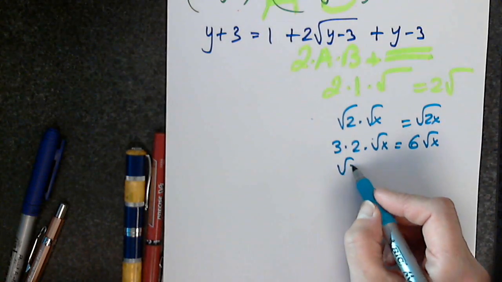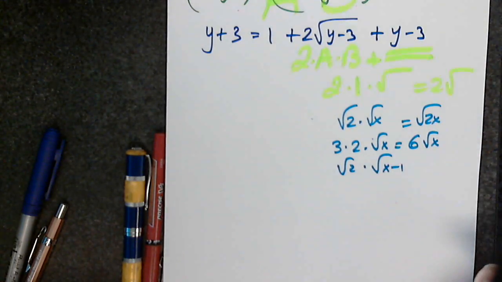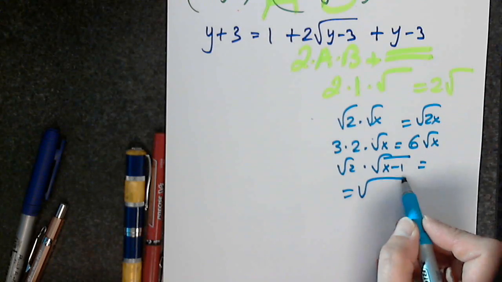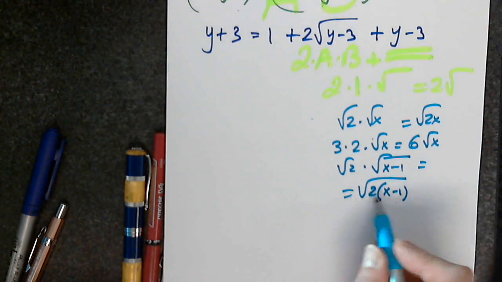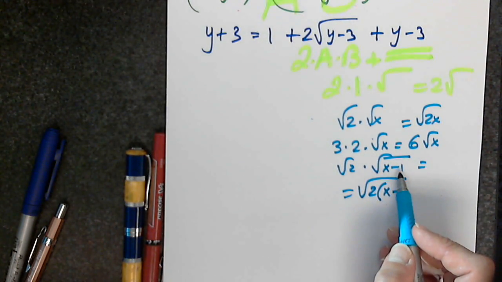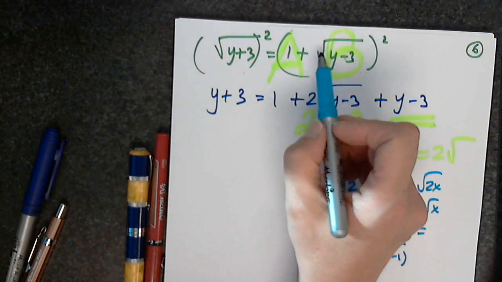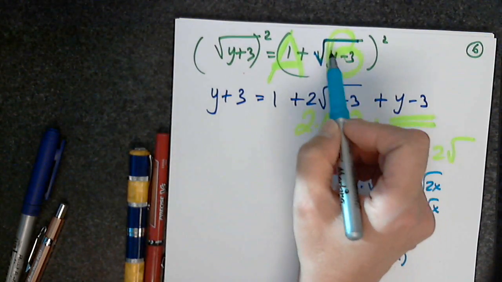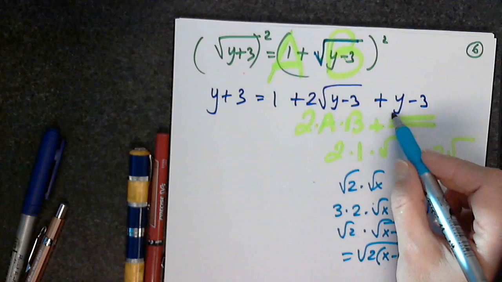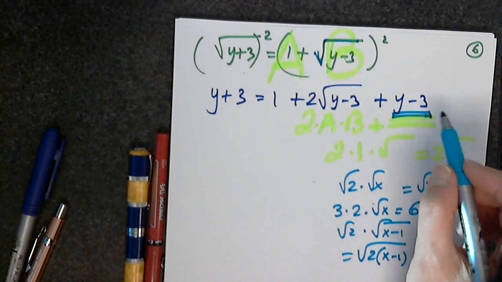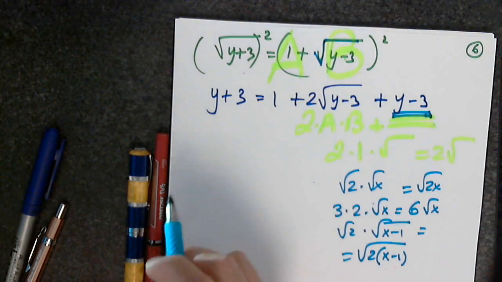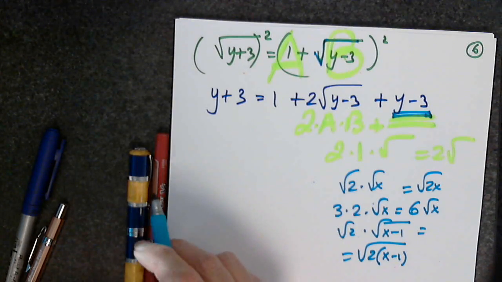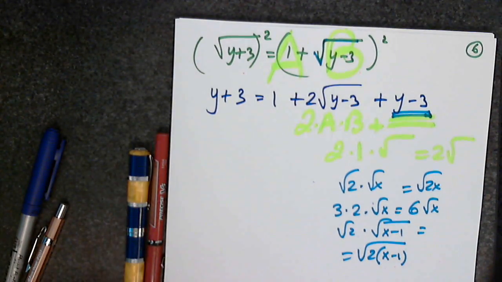But I could have the square root of 2 times the square root of x minus 1, which is the square root of 2 times x minus 1, and I can't change anything inside. So when you square, this does not change inside. It either clears completely of radicals, or it keeps the square root of y minus 3. Better? Good. I'm glad we clarified that.